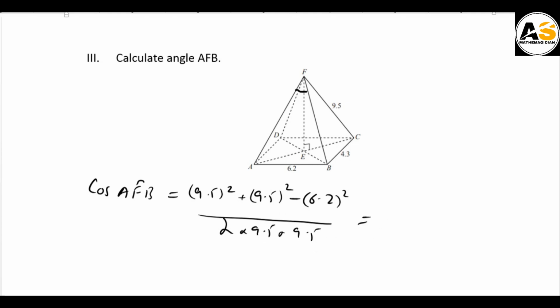With the help of a calculator, you will find this is equal to 0.7870. From here, the angle AFB will be cos inverse of 0.7870, and your calculator will give you the answer 38.1 degrees. This is your answer to the third part.